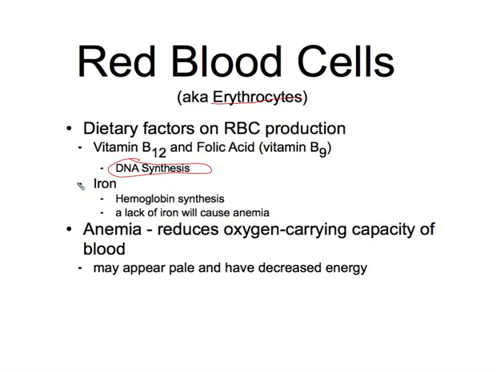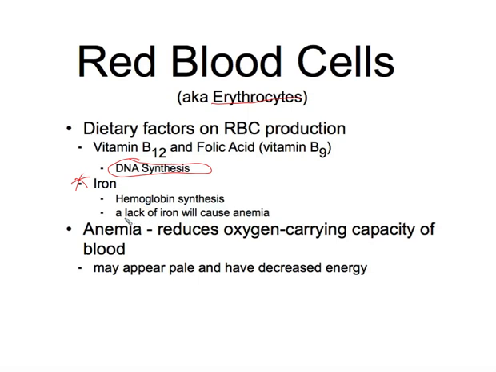You also have iron. It's very important that we have iron in our bodies. This is found in hemoglobin, and so the function of it is to carry oxygen. So if you don't have enough iron in your body, you can't carry enough oxygen to your cells, and your cells suffer because they aren't getting enough oxygen.